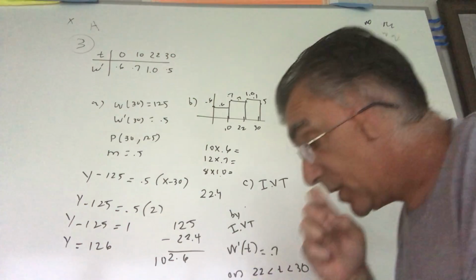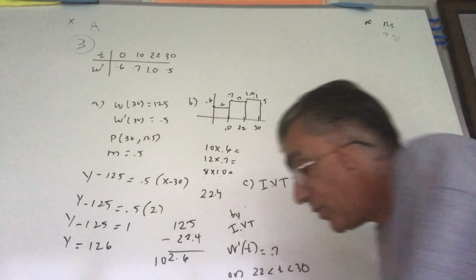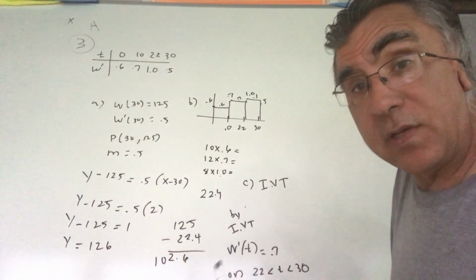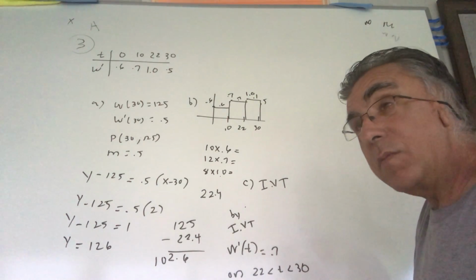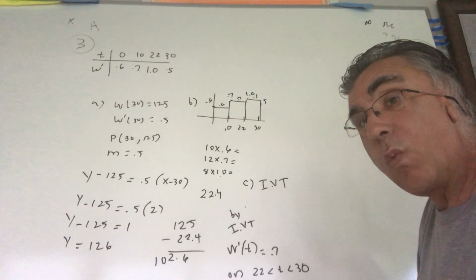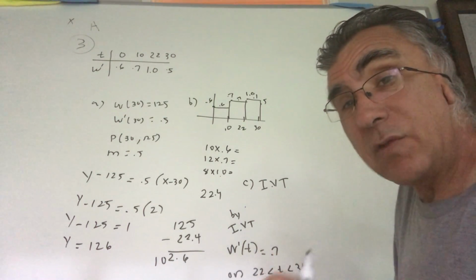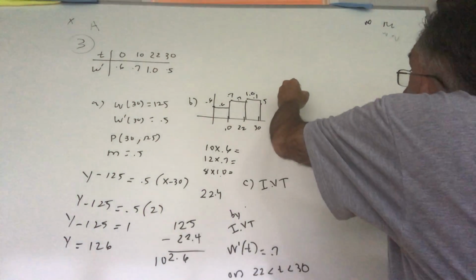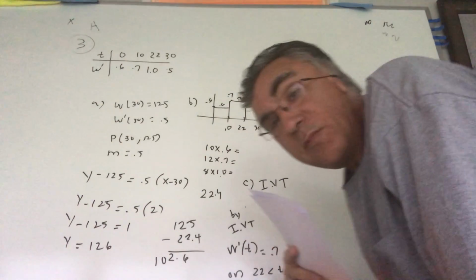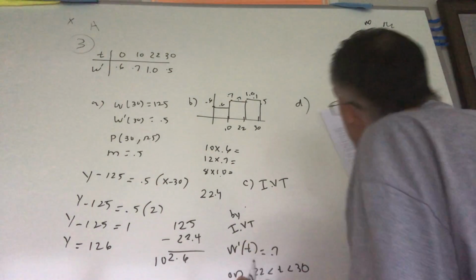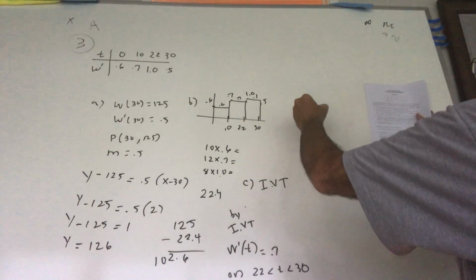Now the D question, someone else had a question on the D question. Here's the important part, somebody specifically asked, why do we do W prime? It's a related rate question. So here we have this equation.